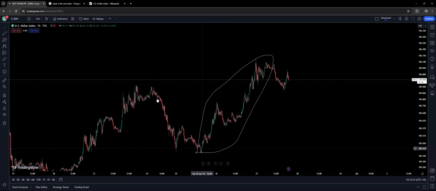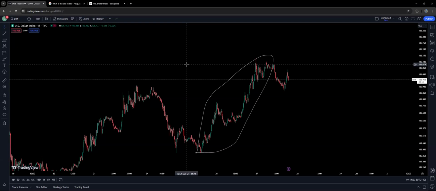Okay, so we made this move down and now up. But the recovery was pretty much driven by some statements from the Federal Reserve Governor Michelle Bowman, which balanced out the comments made by some other federal officials on Monday and Tuesday.